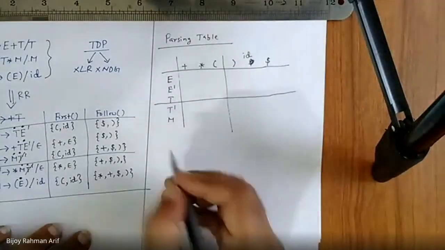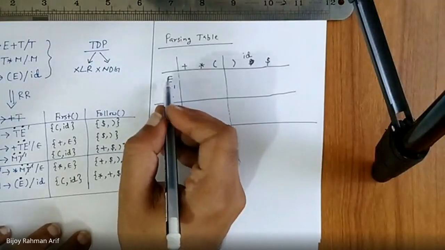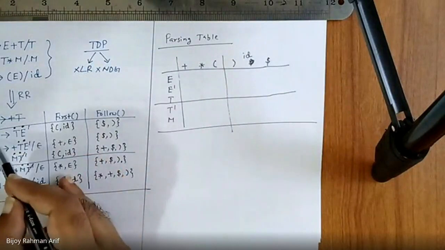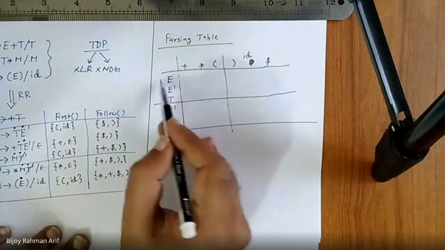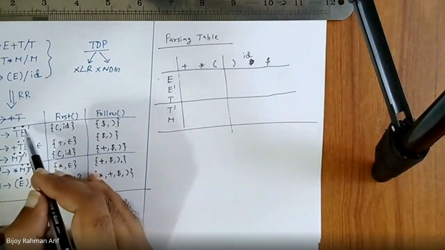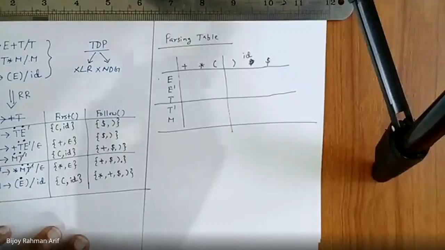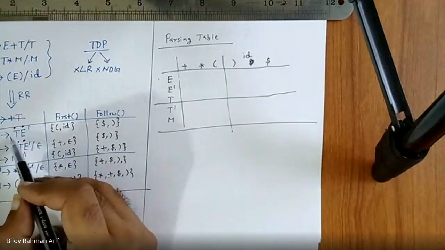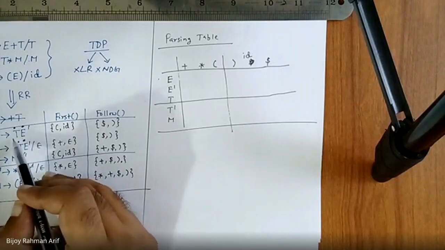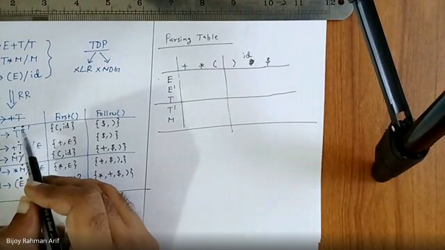Now let's come to fill up this table. I'm in the E row. Let's take this production first. What is the left hand side? E. So I'm in the E row. And what is the right hand side? Is it epsilon? No, sir, we still don't know. So what would be the rule? First of RHS, that means first of TE dash is nothing but first of T. So what is first of T?